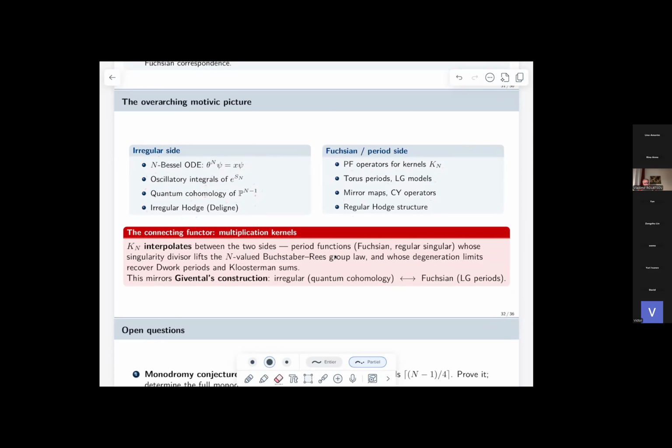But the bottom line is that if you have some kind of periods or whatever it is, motives or just oscillatory integrals, and you do have a multiplication kernel, then it's kind of a simpler object because it has regular singularities. Yes, one can say this.